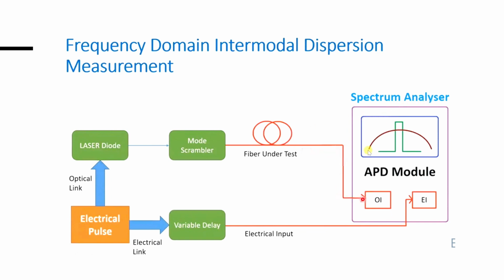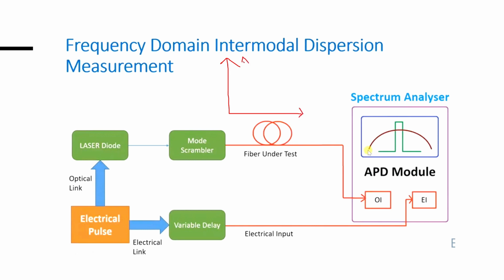So here we will get the optical input, and here we will get the electrical input, and these two inputs will get compared, and here we can see the dispersed signal, and here is the original electrical signal. And this was the simple explanation of the frequency domain. And the graph of the frequency domain intermodal dispersion will look like this. Suppose this is the y-axis and this is the x-axis.